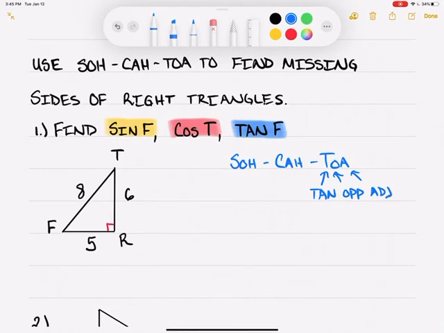So it doesn't use the hypotenuse, but I would still mark it just so we're sure. Remember, in this one, we're looking at angle F. I need the opposite leg, because that's what it tells me. Opposite is the one directly across. And the adjacent is the one that it's next to.